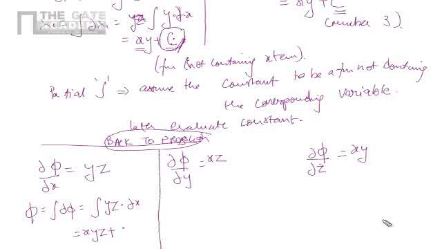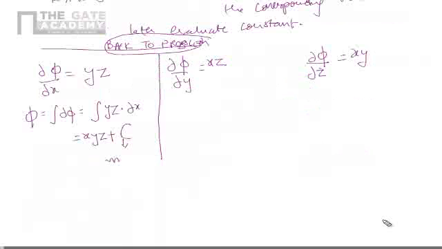Now this is going to be a constant. What is this constant now? This constant can be a function not containing x, correct? Function not containing x means it can be a function of y comma z, purely a y and z term. We don't know, correct?